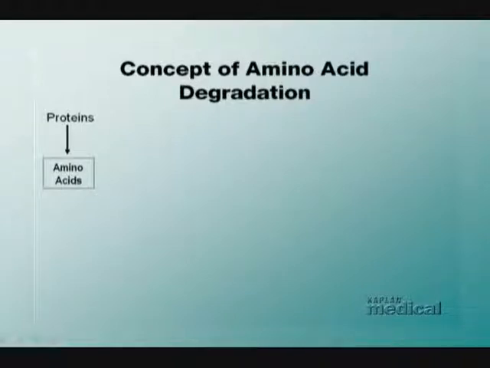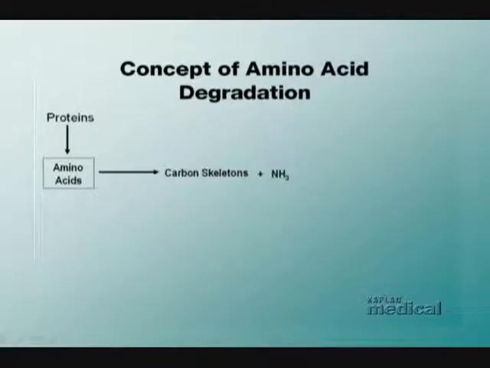There are enzymes called proteases that do the job of breaking these peptide bonds. Once the proteases break the proteins into individual amino acids, basically all an amino acid is, is a carbon skeleton linked to an amino group.